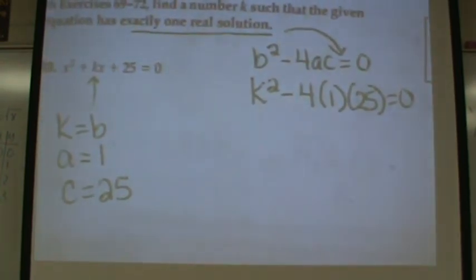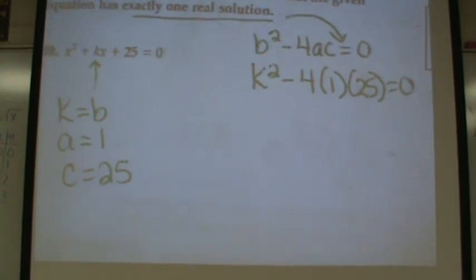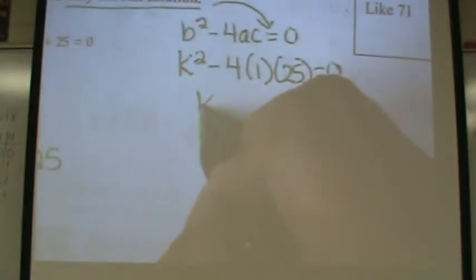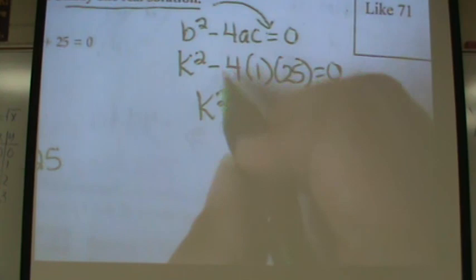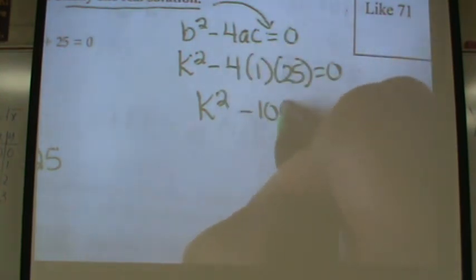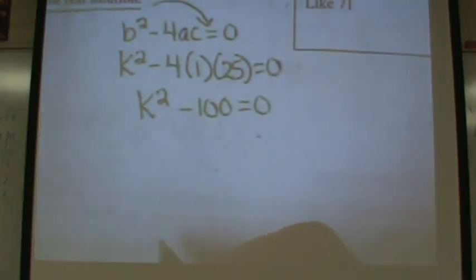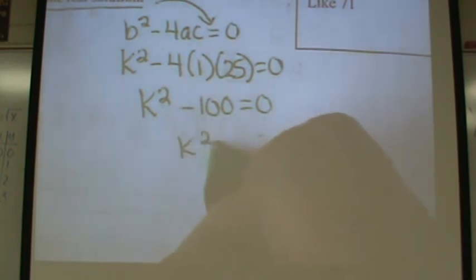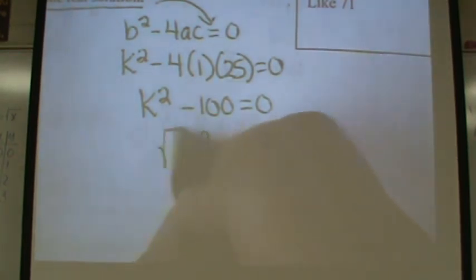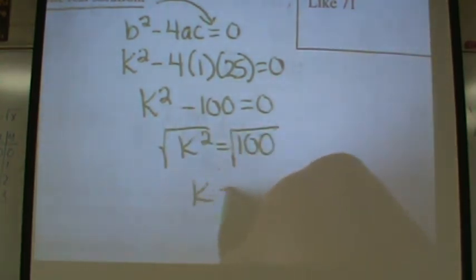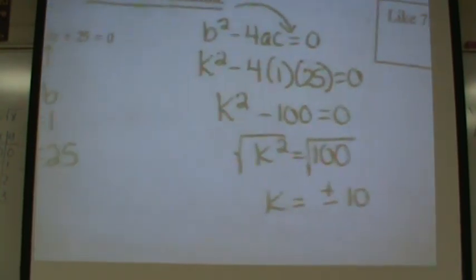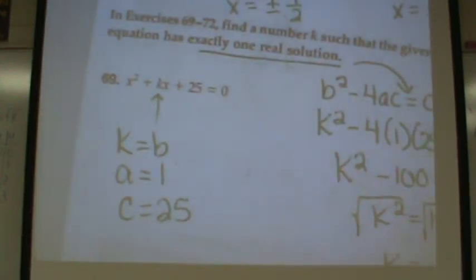Solve for k. What would you do? What's this right here? 100. How would you solve it? Add 100, then square root of both sides. What do you get? Plus or minus 10. So if k were 10 or negative 10, this problem would give you one solution.